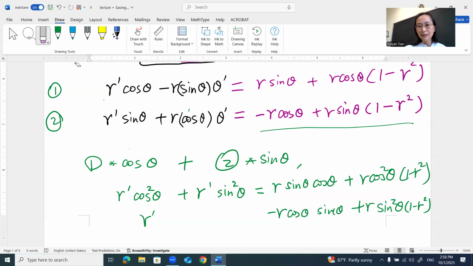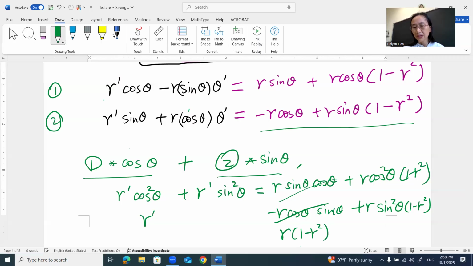So when we add the right-hand side after we do the product, and then we add the two equations together, then we see this will be canceled. And then since we can factor out the common factor, then after we factor out, we see sine square plus cosine square, which is 1. So the right-hand side becomes this equation.